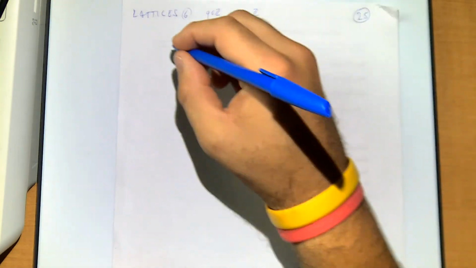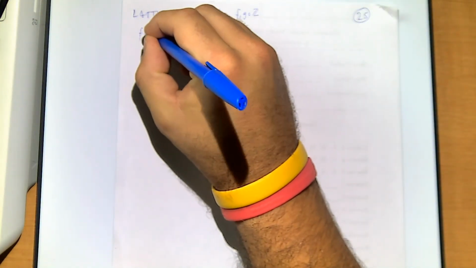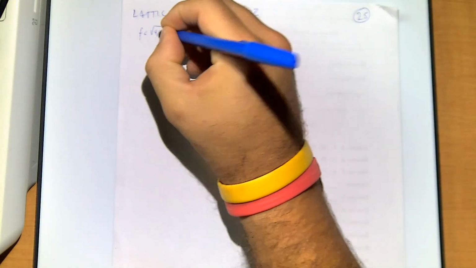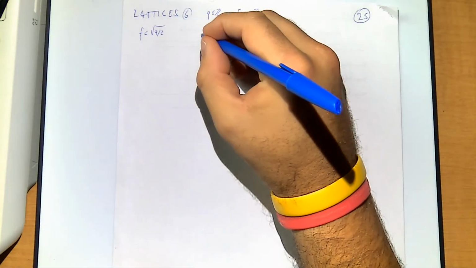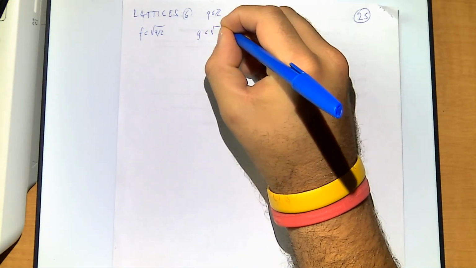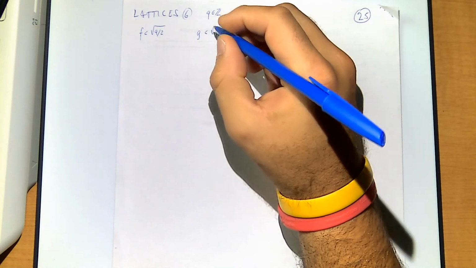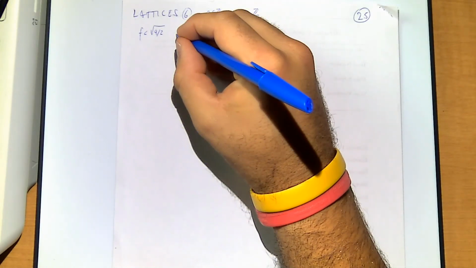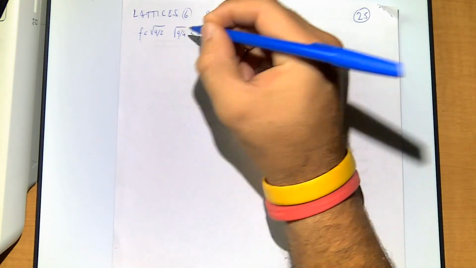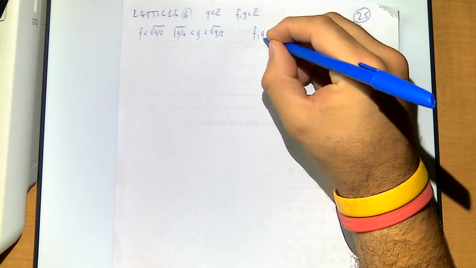They are both relatively small. For example, f is less than, say, the square root of q over 2, and g is also less than the square root of q over 2, but is at least the square root of q over 4. And then I want f to be coprime with q.